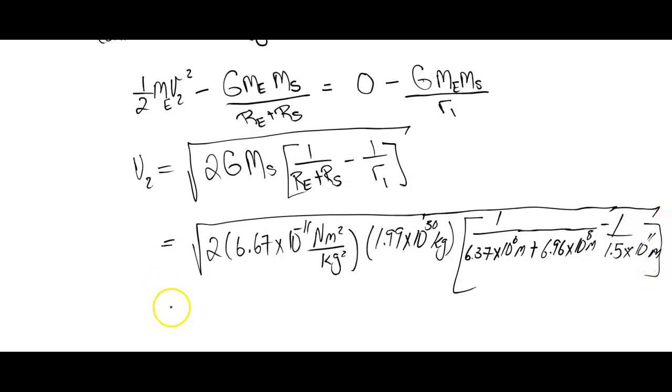And if we do this, we get a value of about 6.13 times 10 to the 5th meters per second.